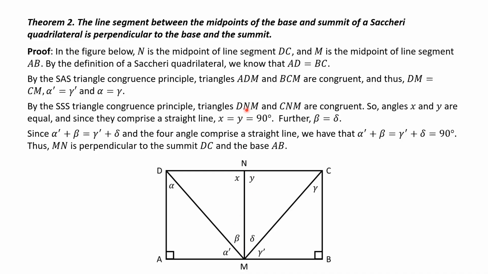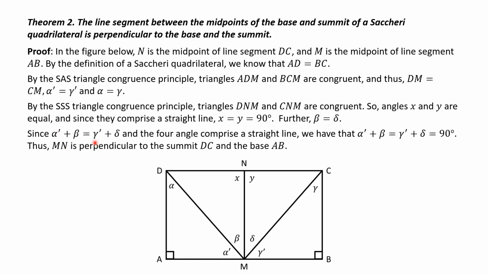So DNM is congruent to CNM, and that means that x equals y, beta equals delta. And since DC is a straight line segment and x equals y, the x plus y has to equal 180, which means that both x and y are 90.